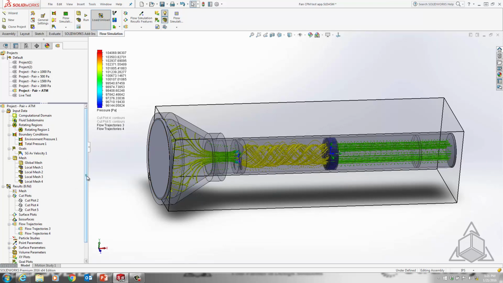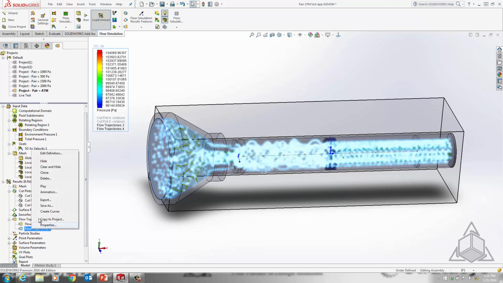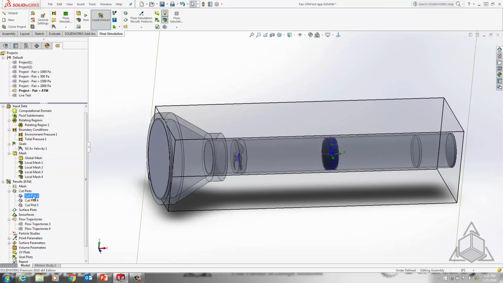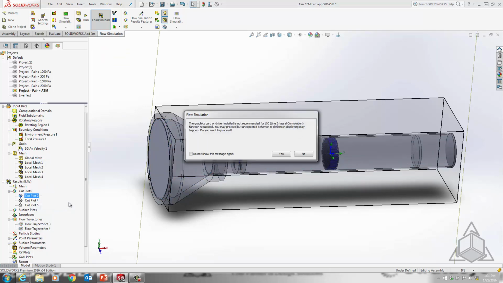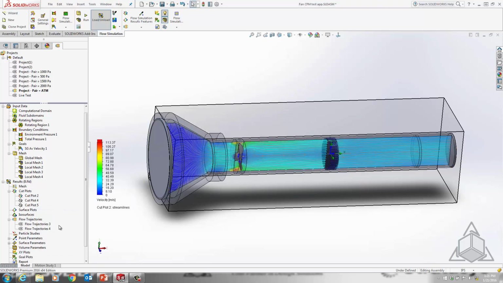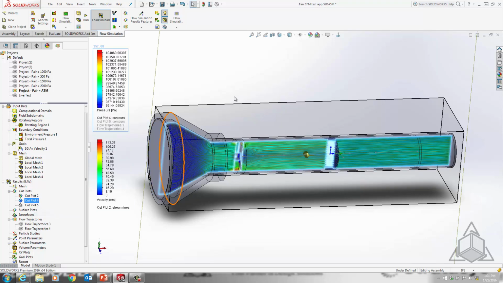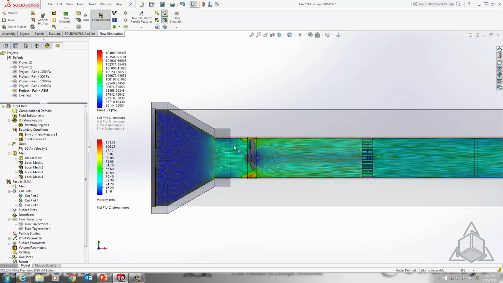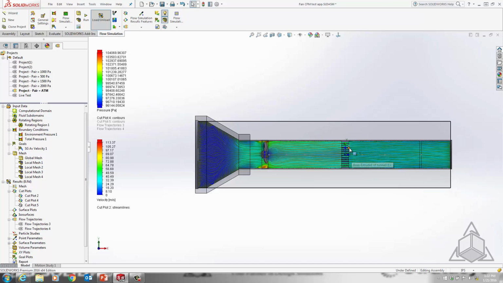So another great way to look at this analysis is using your cut plots. So I'm going to just hide these flow trajectories, and if we look at this right here, it makes it much clearer. You can see how the air is being sucked in again through the fan, how there's some rotation there, how it flows through the straightener and comes out.